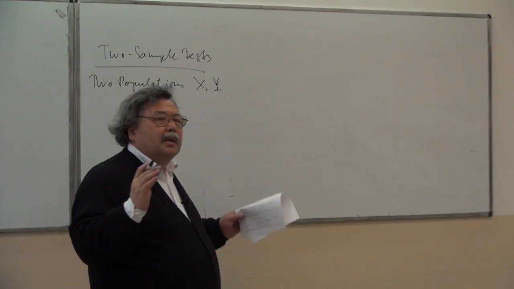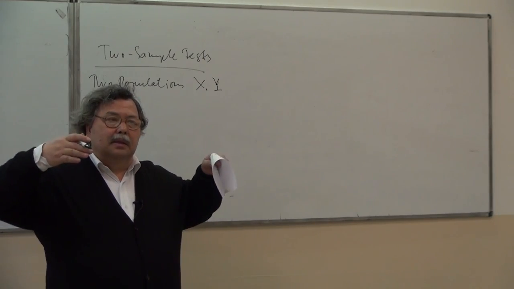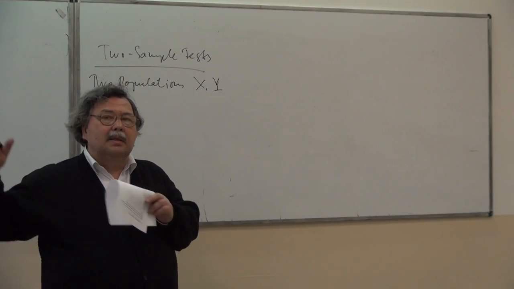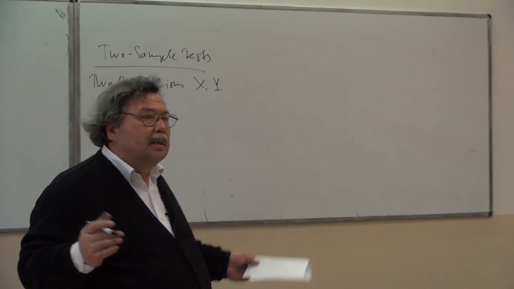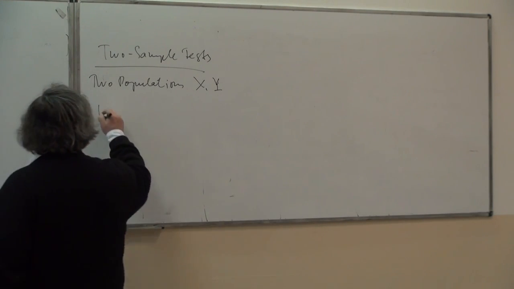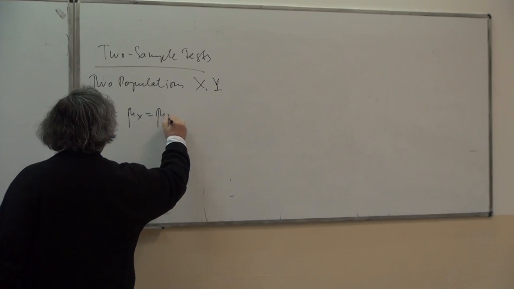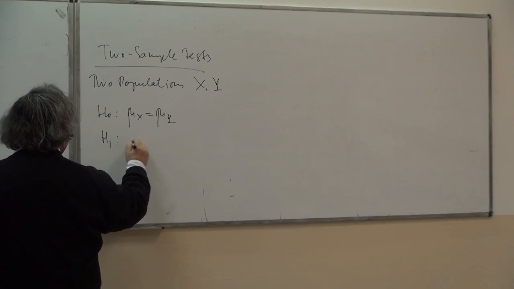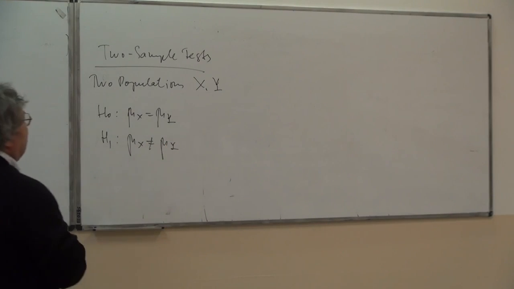So please pay attention here. We do not compare the unknown mean against some hypothesized value. What we do is compare two unknown means. Okay. So the null hypothesis here is mu x equals mu y, and H1 is mu x not equal to mu y.